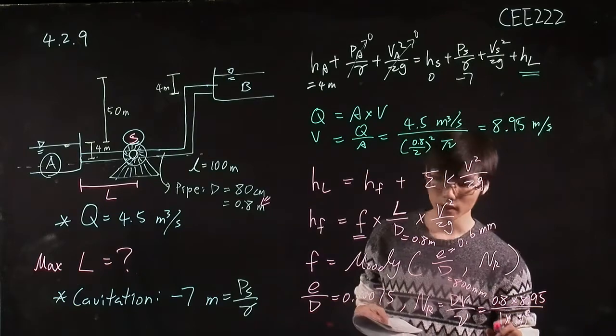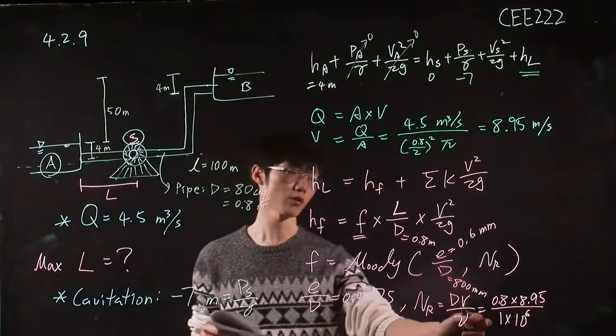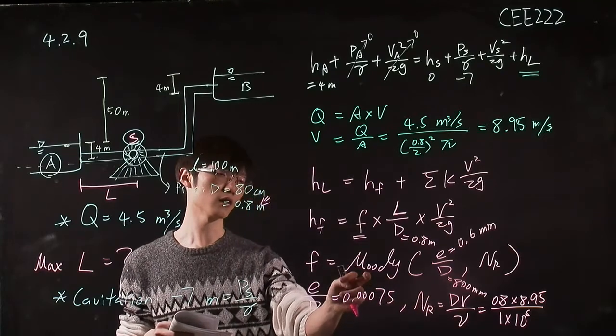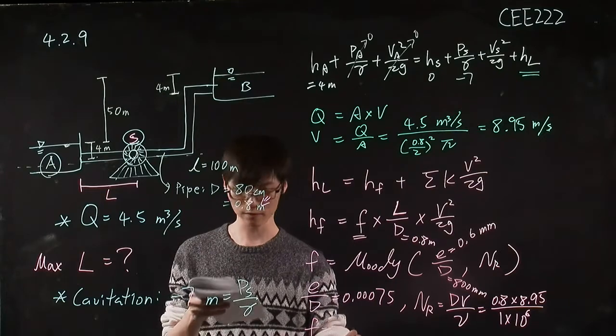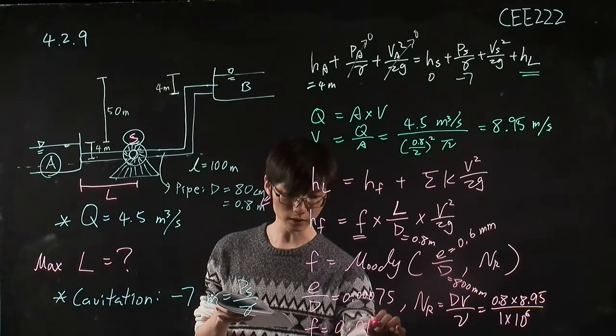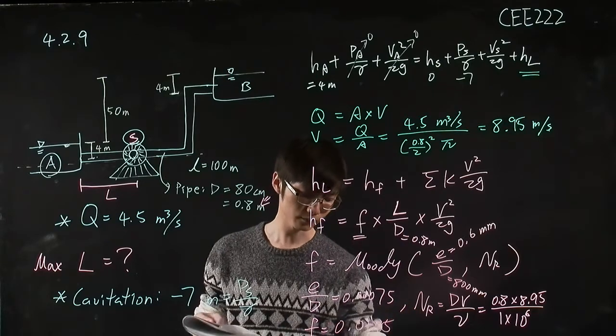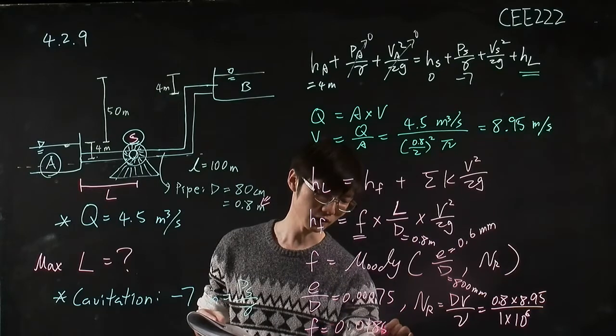Okay, then if you use these two numbers and the Moody diagram, you can find out the factor f is 0.0185. Okay.